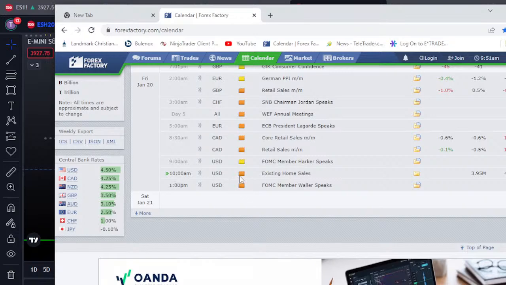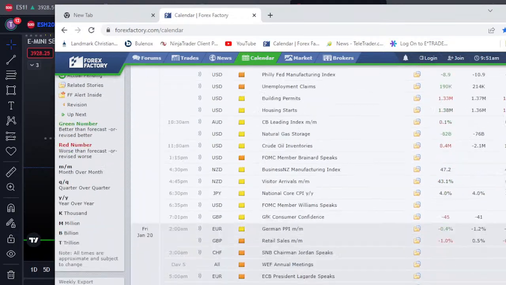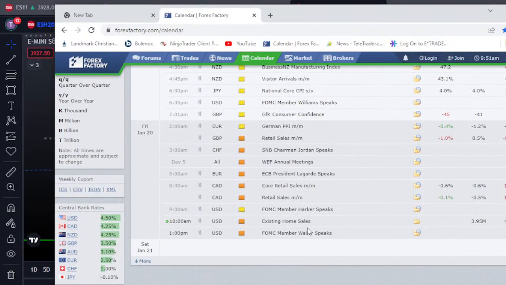Even though these are orange folders, you want to look for red folders, which are the highest impact. Today on Friday we have an orange folder, which is supposed to be medium impact, but existing home sales could push us in a direction.